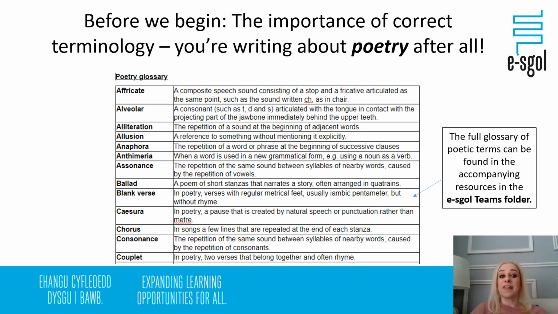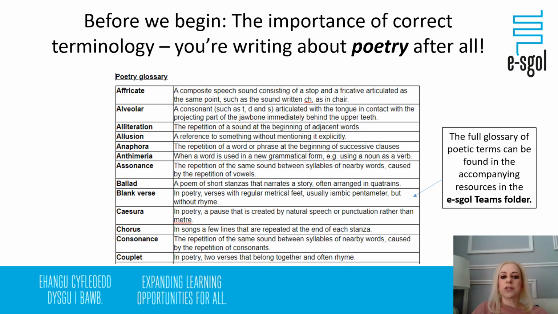Now, also at this point in your A-level, you will also be familiar with many of the technical poetic terms and terminology that there are. And just to give you a little recap and help with revising some of those, I have included a poetry glossary, and that can be found in the Teams folder to do with this particular session.